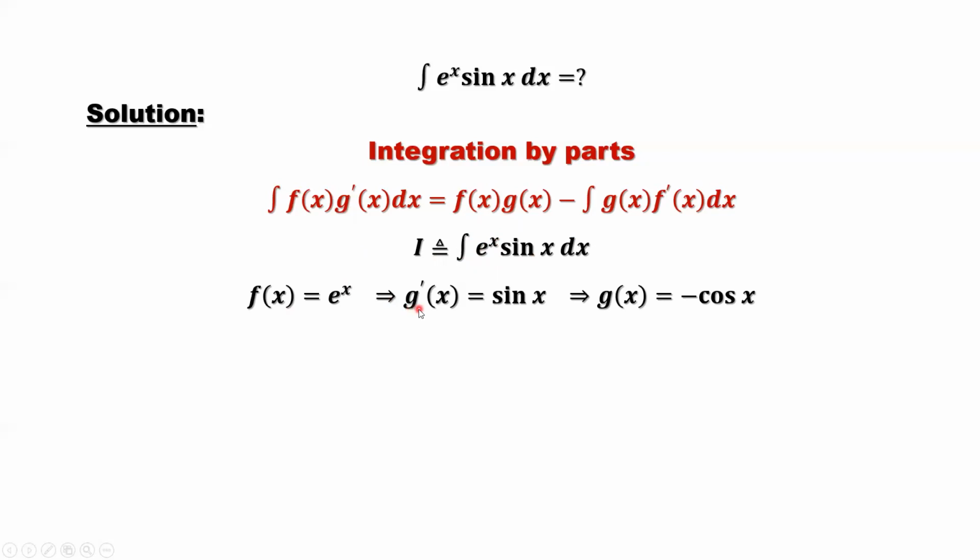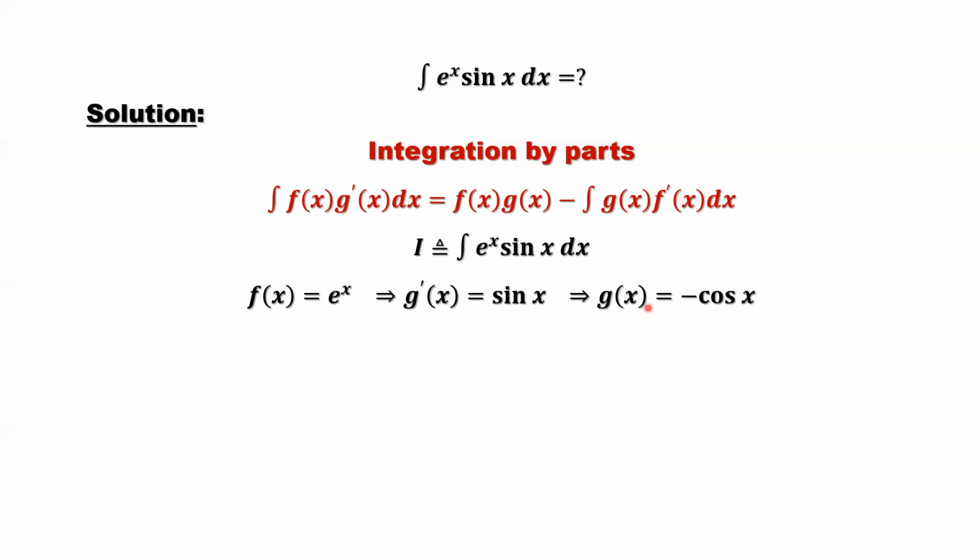The derivative of g equals sine x. It's not difficult to derive its antiderivative. G of x equals negative cosine x. You can check this result directly. Take the derivative of this negative cosine x. You will find the result of g prime equals sine of x.